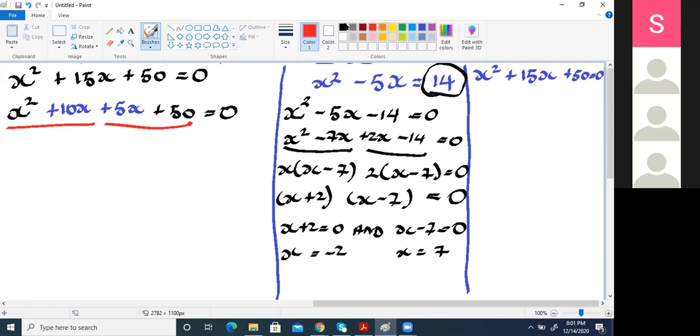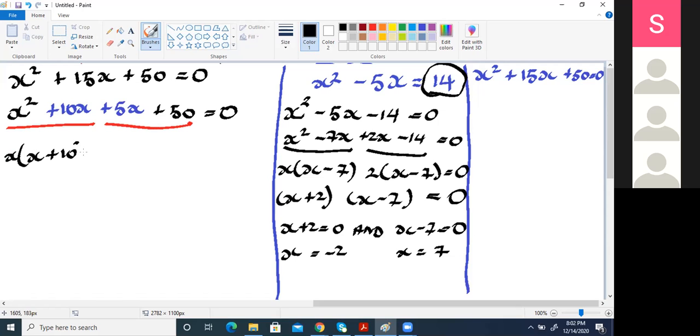All right, so let's go. What's the highest common factor? X. All right. x into x squared gives x. x into 10x gives 10. What kind of 10? Positive 10.